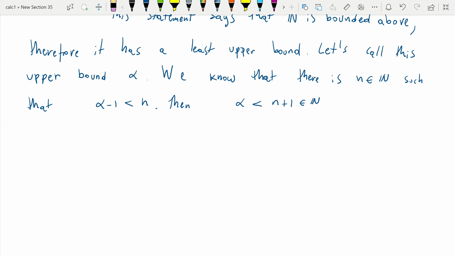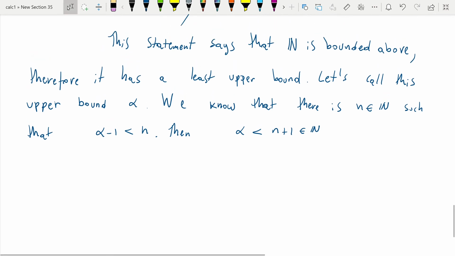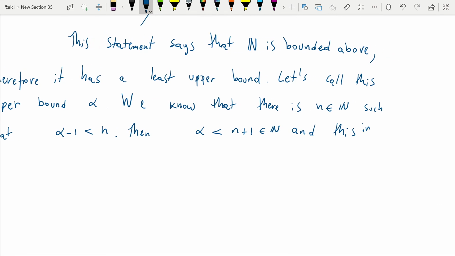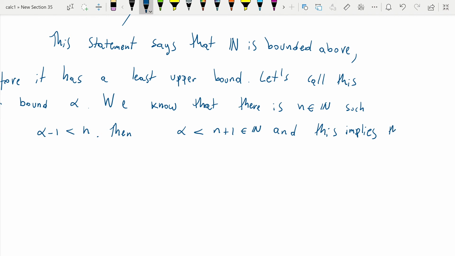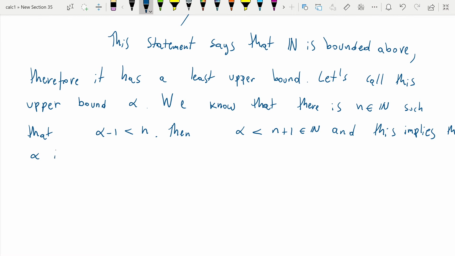And so it cannot be that alpha is smaller than n plus 1, which is in N. This implies that alpha is not an upper bound.